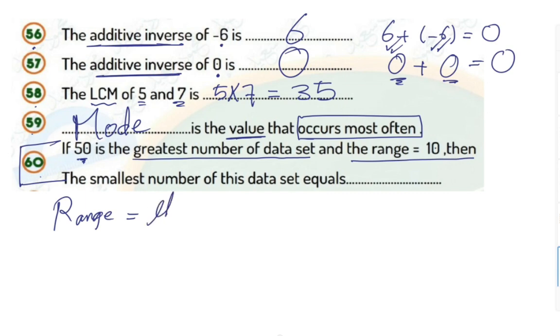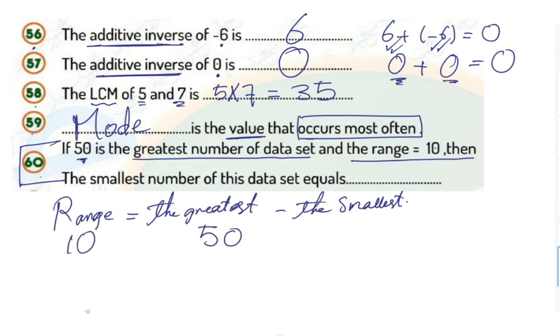It's the greatest value minus the smallest one. So he gave me the greatest as 50 and the range as 10. And now he asked us about the smallest one. I don't know the value of the smallest. Now let's complete the equation.